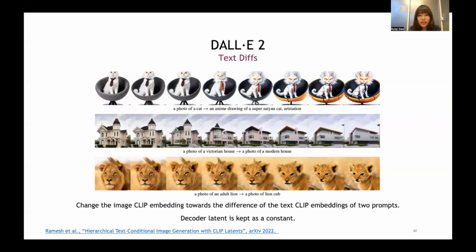More specifically, they first compute the difference between the text clip embeddings of the original prompt and the target prompt. And then they change the image clip embedding of the given input towards the difference between the text prompts. And using this approach, they show that it's possible to do text-guided image editing by changing the prompt.